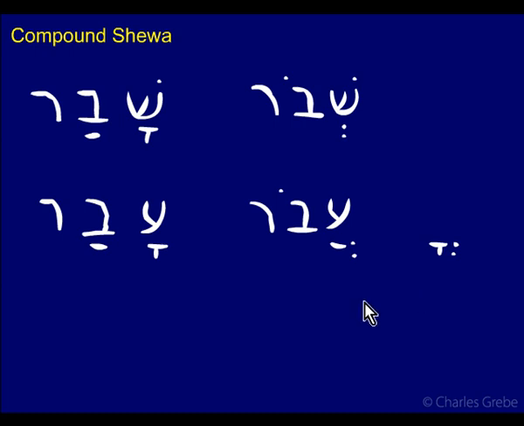Now, composite Shewas or compound Shewas can also show up with other consonants sometimes, particularly resh. You'll see it sometimes with resh. An example of that, just a quick example here.